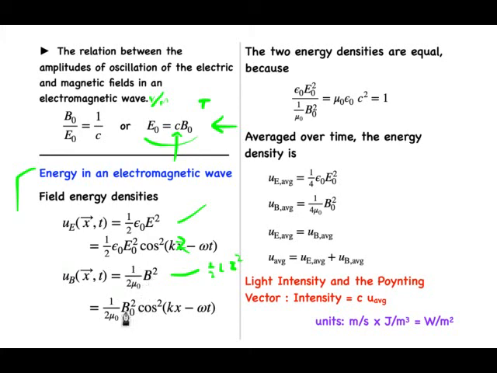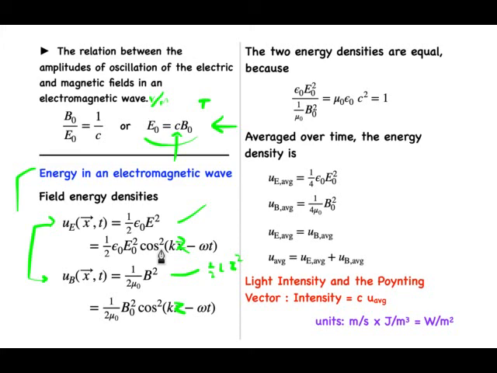So let's put in B. B naught cosine (kz minus omega t) squared divided by 2 mu naught. They both oscillate in time, but they don't oscillate between a positive and a negative value because energy is always positive.